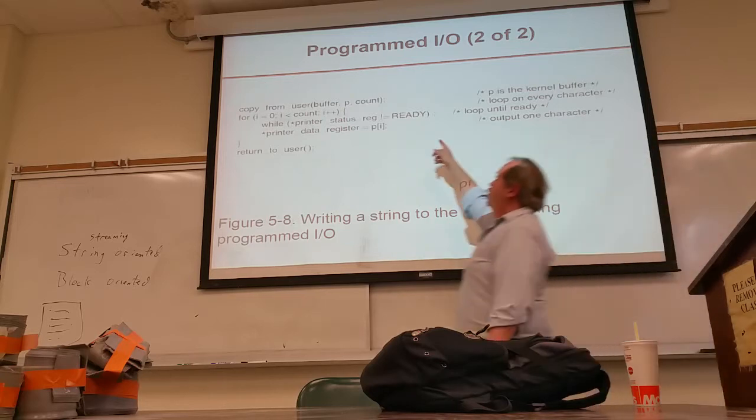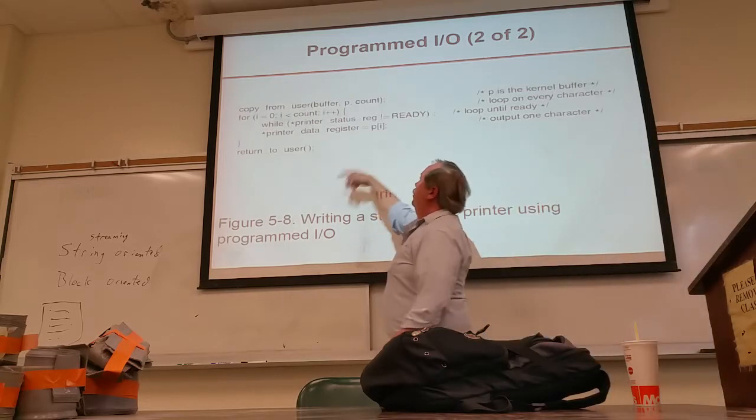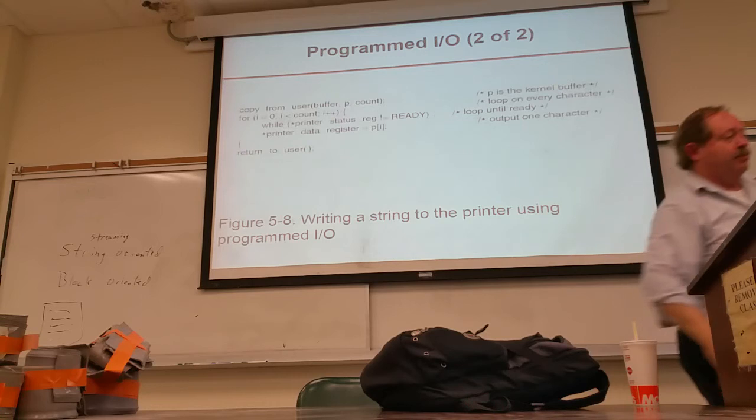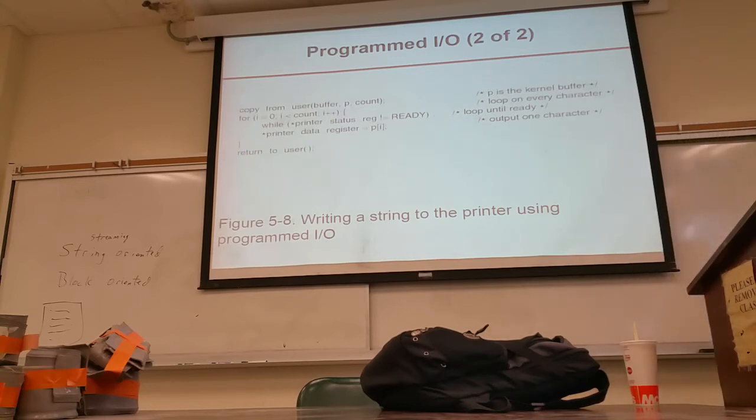You get a ready status word back from the device, then you can pass the byte. And you just keep doing this byte, byte, byte until you're all done, return to user. Just like I said, I'm not making this stuff up. You probably thought I was making this up, didn't you? Didn't get that in your earlier class. Now, this is what's happening.